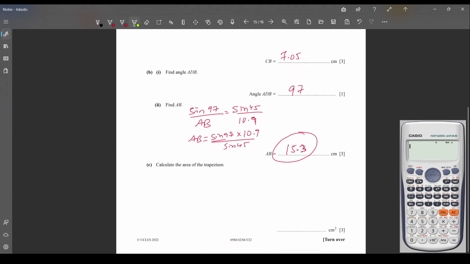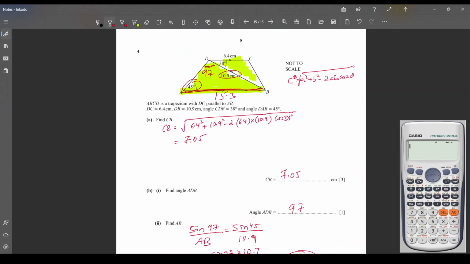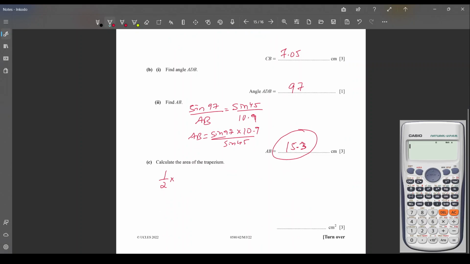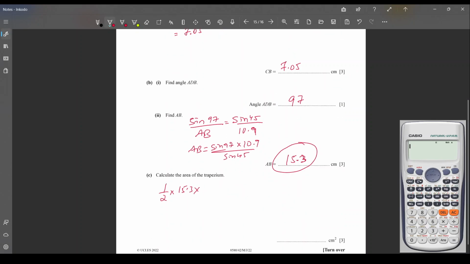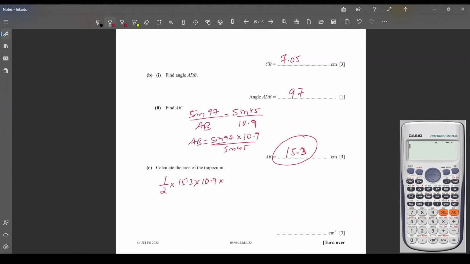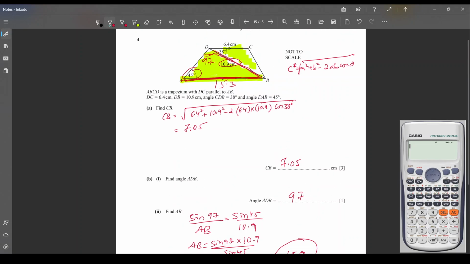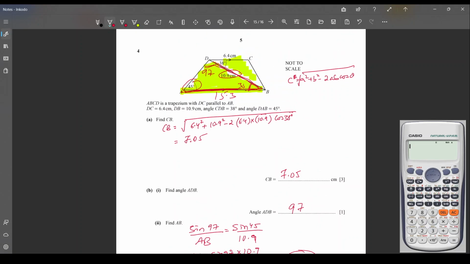We know that for the area of a triangle, we can use the formula half into the side 15.3 into the other side 10.9 into sine of the in between angle. In between angle is 38, right? We got the in between angle is 38, in the first question.